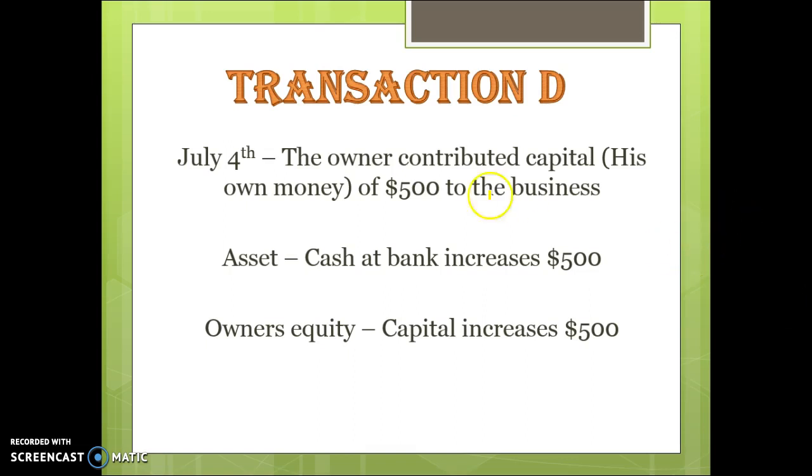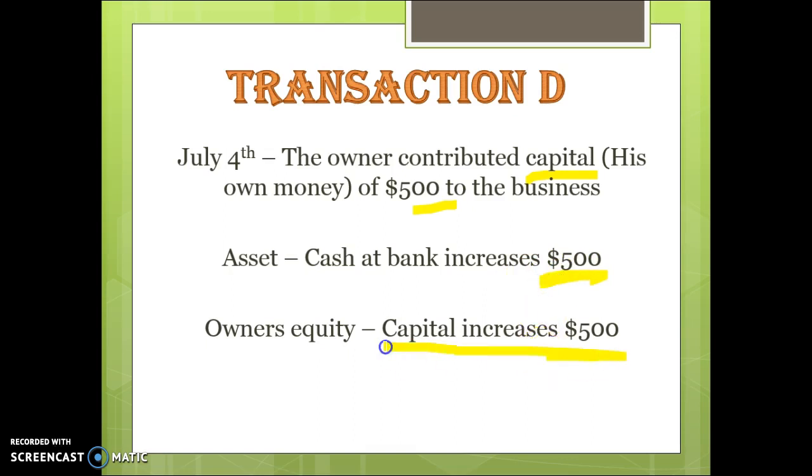Transaction D, the owner contributes capital. When you see the word capital, that's the owner contributing either his own funds or his own assets to the business. So, for example, if you contribute cash, that would increase cash. If you contribute a piece of furniture or equipment or a car, that would go into an asset as either car or equipment or furniture. So if you contribute $500 in capital, cash at bank increases by $500.